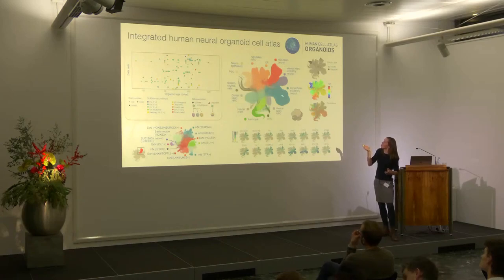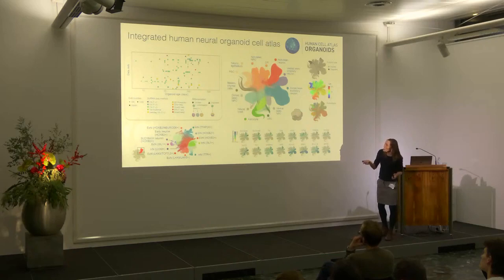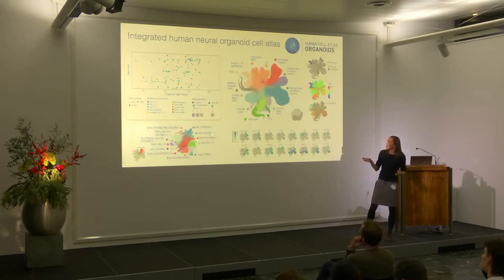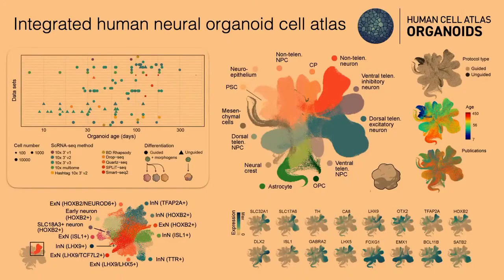Here are the cortical excitatory neurons, the ventral inhibitory neurons, and the non-telencephalic neurons. If we zoom into this branch down here, there's actually quite some diversity. This is not just one cell type developing. There are all kinds of different ones, labeled just by whether they're inhibitory or excitatory and one of the major marker genes. But we will come to an annotation later, when we map this to the primary atlas and try to have an annotation based on this shared embedding and label transfer.